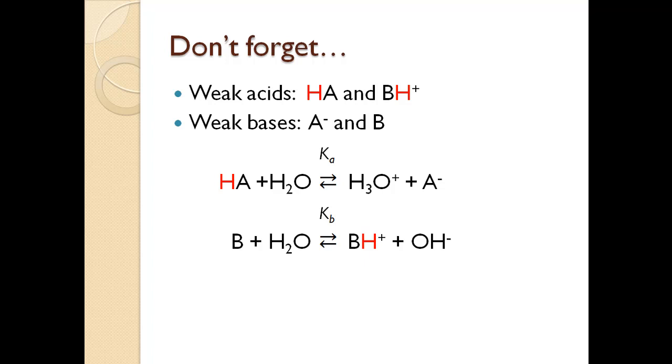HA is the weak acid, but also BH+ from the base hydrolysis reaction is considered a weak acid, because it's the conjugate acid of this weak base. And the two bases you have are A minus, made in the acid dissociation reaction, and B from your base hydrolysis. We're going to use these a lot, so get familiar with these symbols and know your conjugate pairs and don't get confused by them.